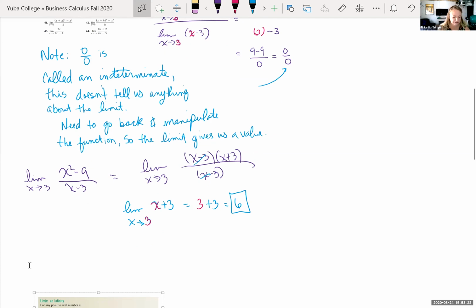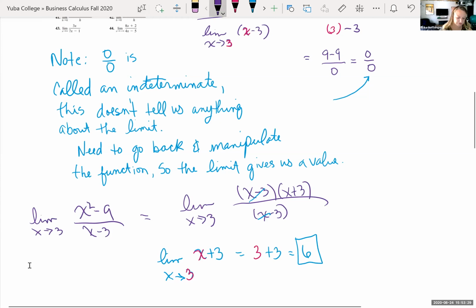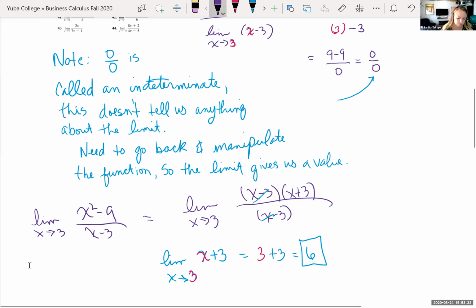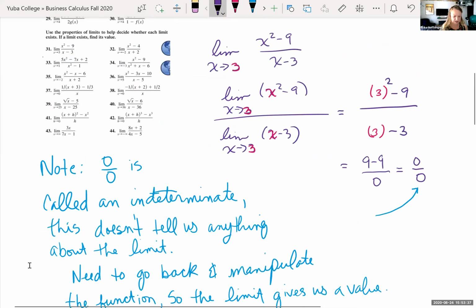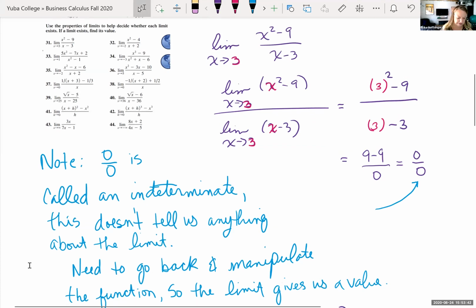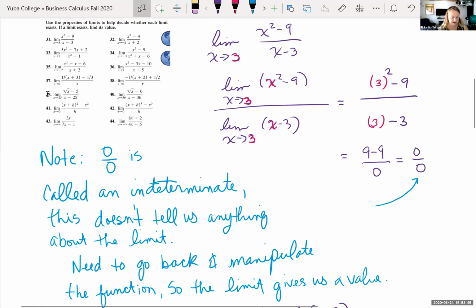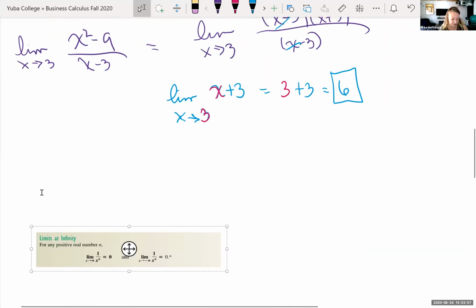Okay, let me pull a different one. How about 38? And I'm going to need a lot more room.